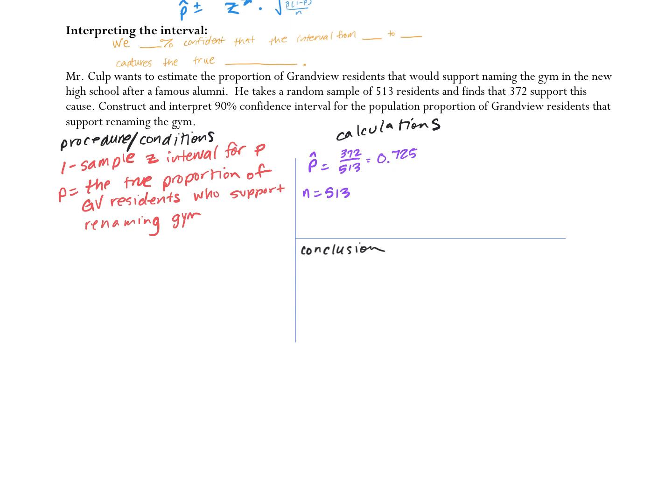All right, now let's check our conditions. Is the random condition met? Yeah. You go up, you look, and you say, we were given that it's a random sample.